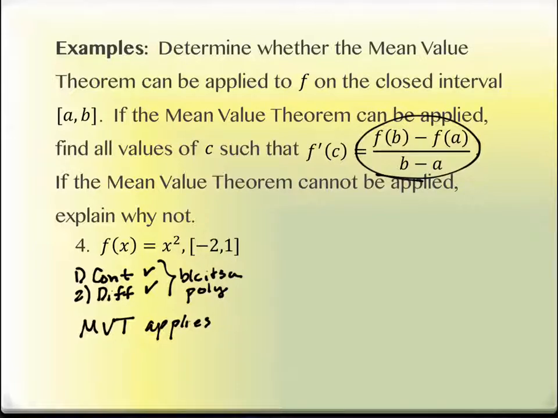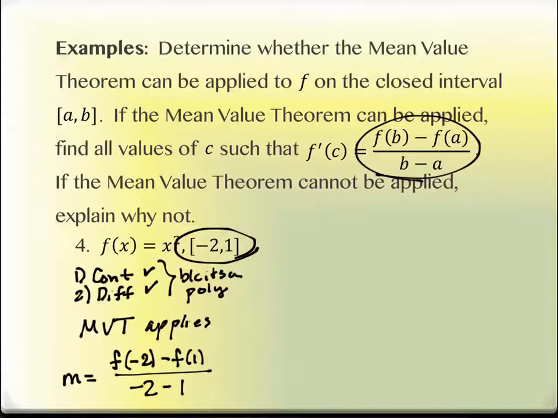Now I'm pretty sure they're not going to be, but I actually have to still calculate them to calculate the slope. So the slope is going to be based on the endpoints I'm given here. So it's going to be f of, and it doesn't matter the order, I'll just do them in the order that are given, -2 minus f of 1 over -2 minus 1.